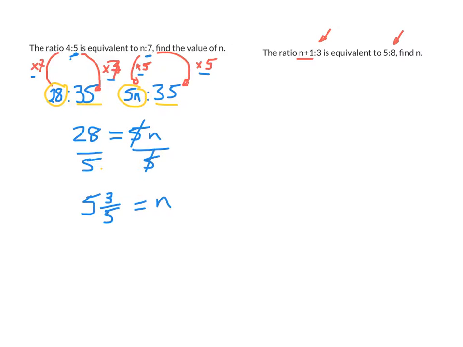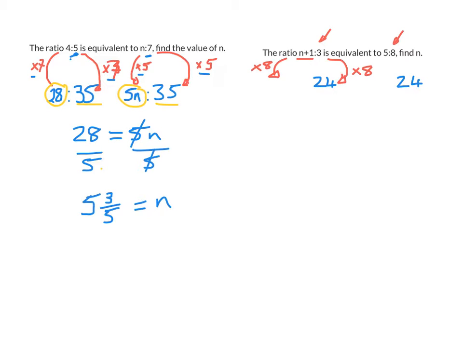Well, 3 and 8, we want to make them both 24. And how did I do that? Well, 3 times 8 gave me 24. So I must multiply n plus 1 by 8.